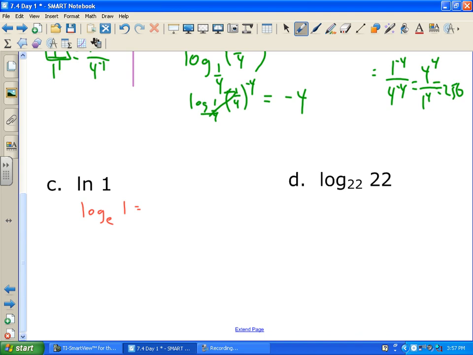That's an identity that equals 0. How does it work that way? Anything to the 0 exponent is 1. Okay? Anything to the 0 exponent is 1. So this is an identity.